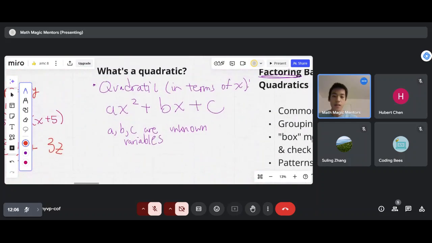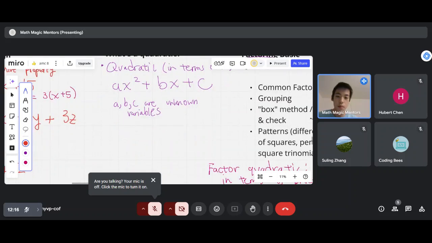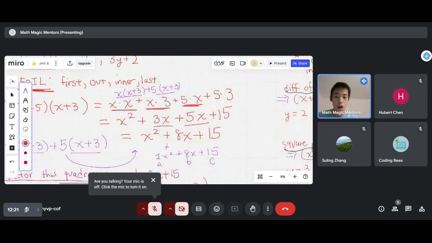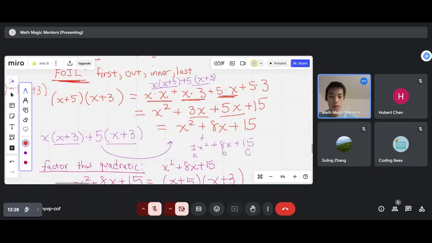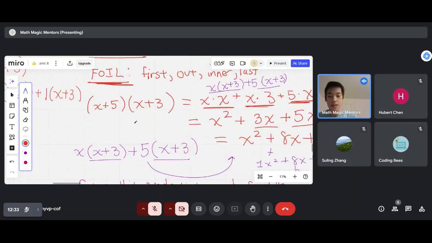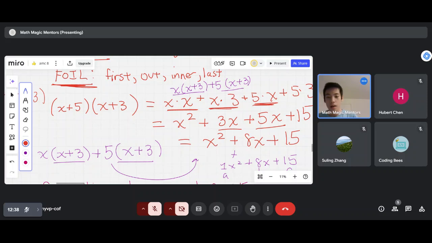Now with quadratics, we can write the quadratic in terms of a product of binomials. And so what I mean by that is, let's take a more concrete example right here. If you have x squared plus 8x plus 15, you can rewrite the quadratic as x plus 5 times x plus 3. So essentially, you're undoing the distribution that you carried out earlier.